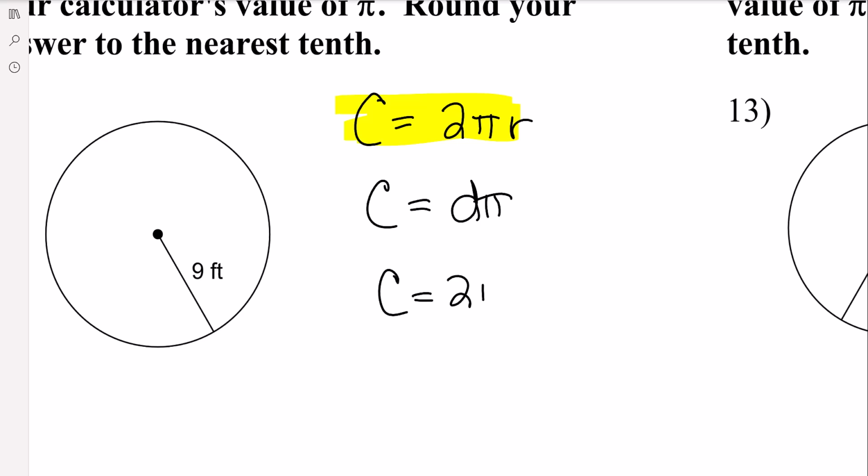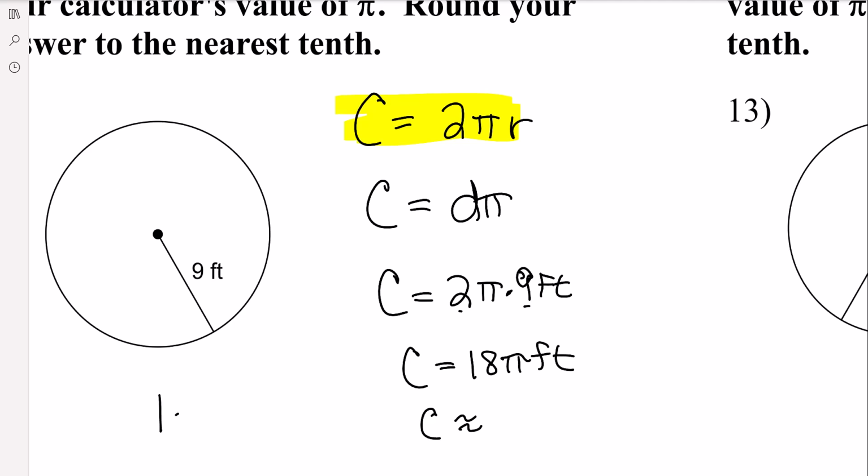So it's 2 times pi times the radius of 9 feet. So 2 times 9 is 18, so 18 pi feet is the exact. For the rounded, what you're going to do is type in 18, just hit the pi button, enter.